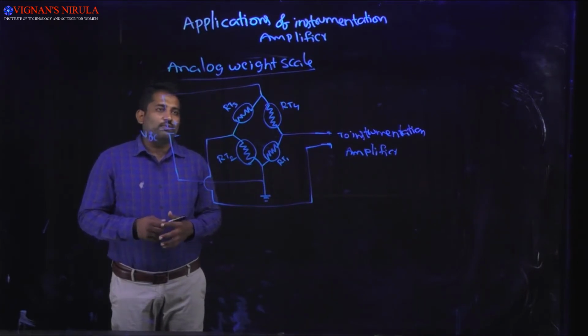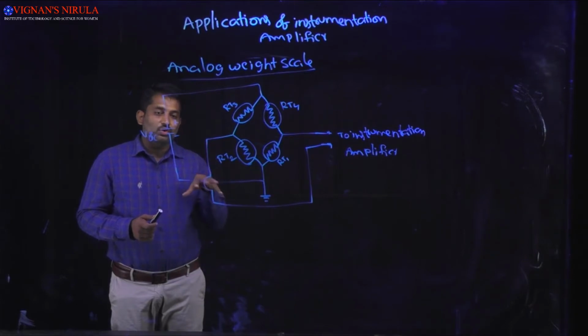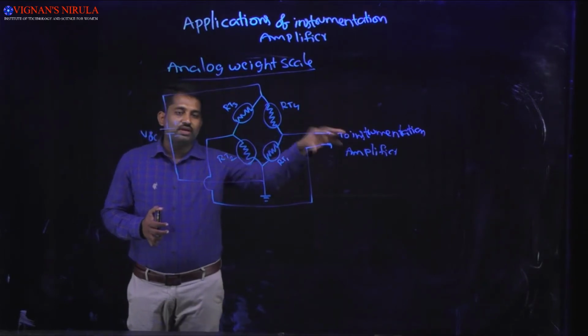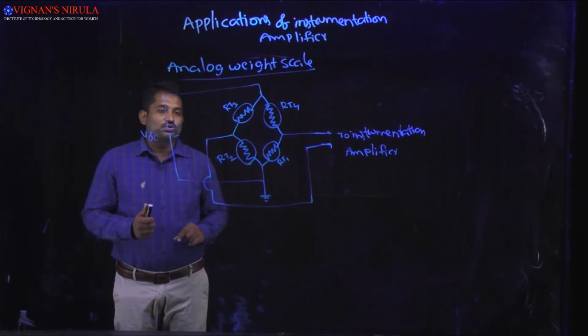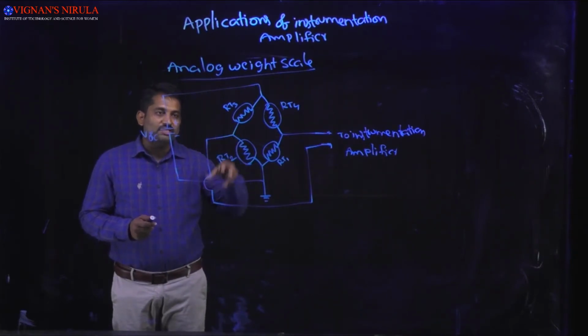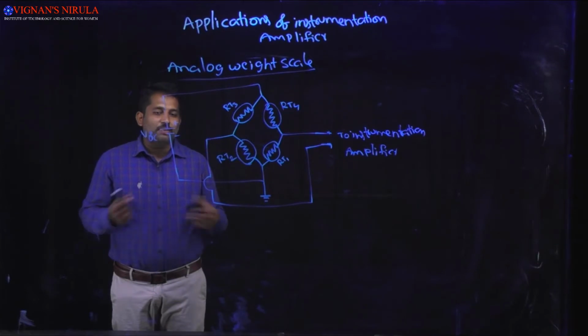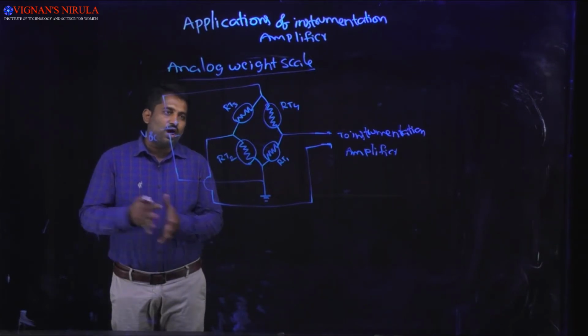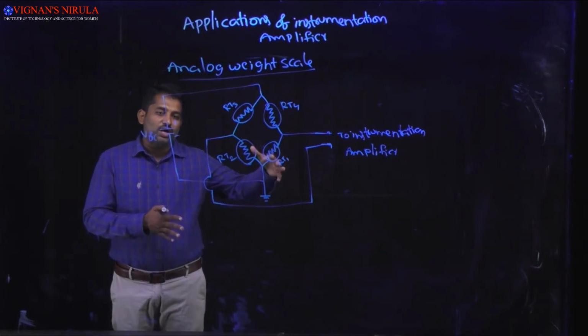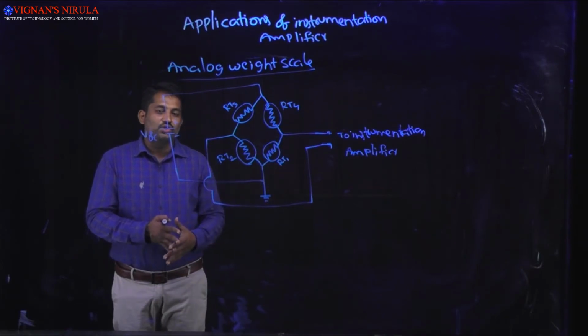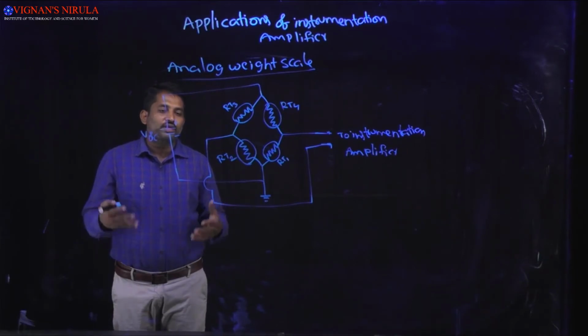Now, if no element is placed on the base of the weight platform, then the bridge will be balanced, so automatically we get the output voltage as 0. If any element is placed on the base platform of the weight, then one pair of opposite arms is elongated and the other pair of opposite arms of the bridge is compressed. Elongated means the resistance increases and compressed means it decreases.